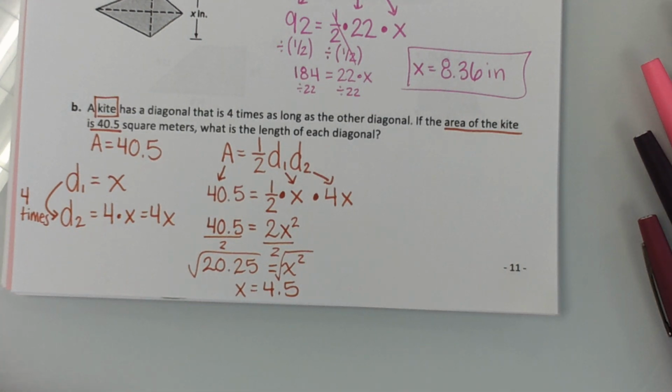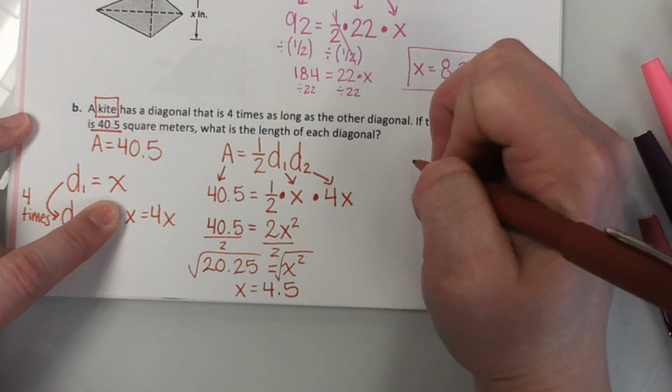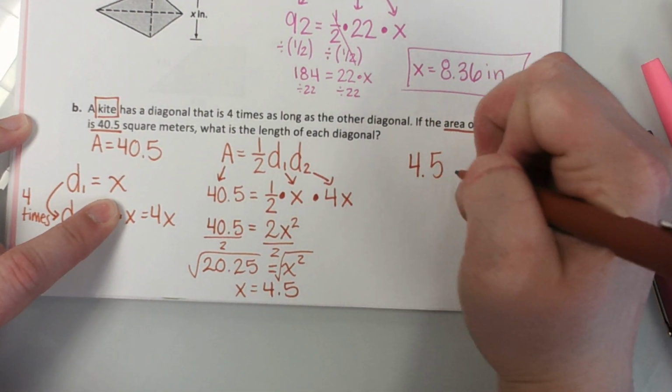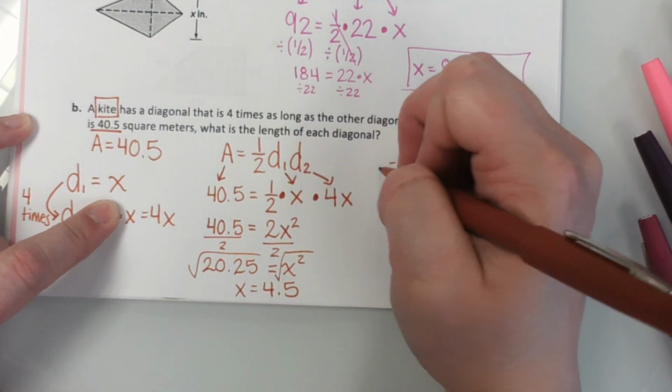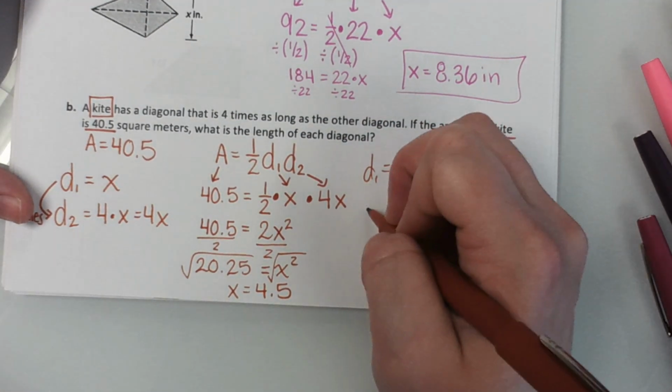What did the question ask? Find the length of each diagonal. Find both diagonals. Diagonal 1 is 4.5 meters. How do you find diagonal 2?